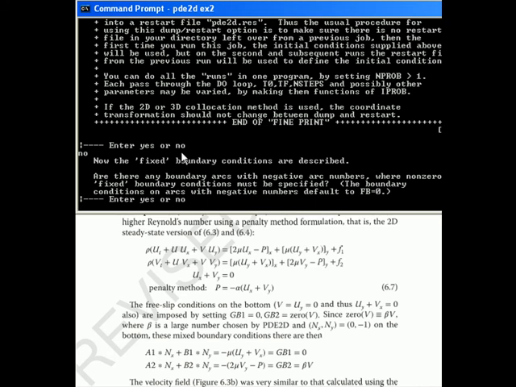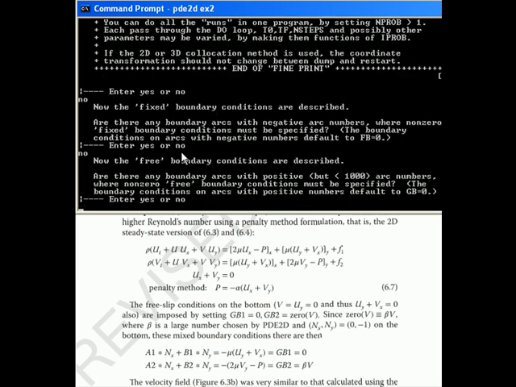If U or V were not 0, I'd have to define them here, but the default is 0, 0, so just giving it a negative arc number automatically defaults them to 0. So I can say no, I don't have any negative arc numbers where I need to define the boundary conditions because the only negative arc numbers I have, the default will work.